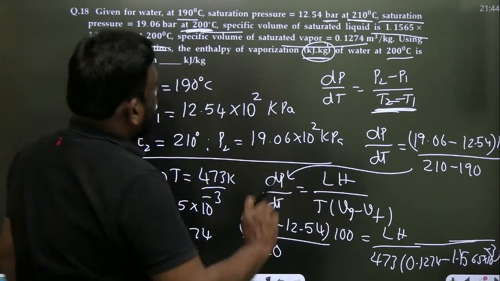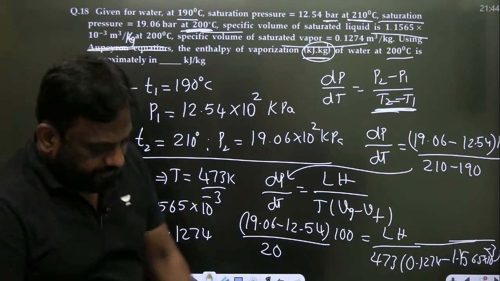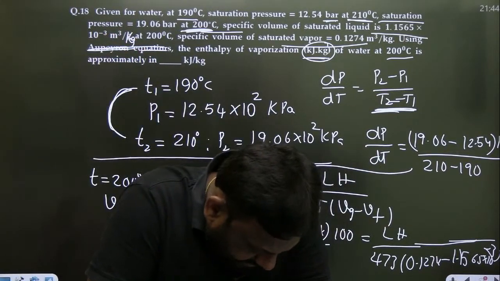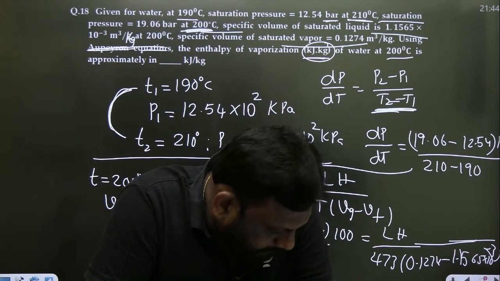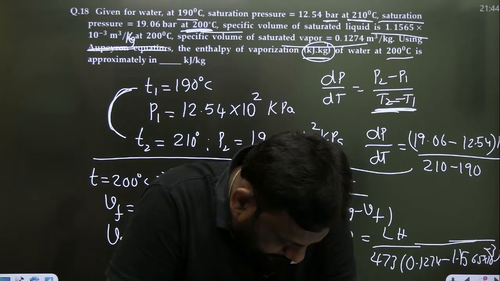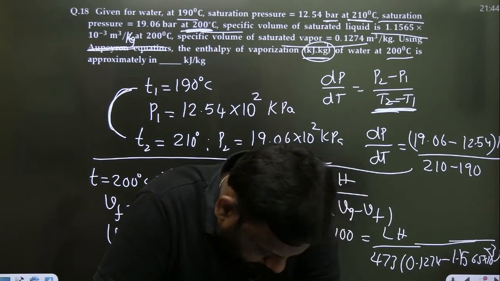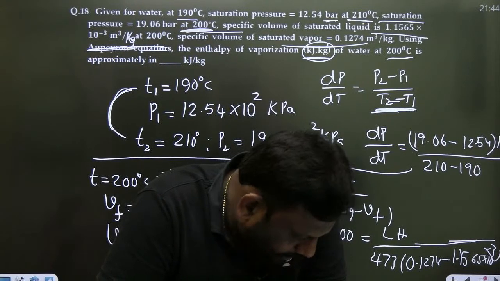No, there is a misprint. It is meter cube per kg only, sir. Sorry. How much is the answer? 1940.